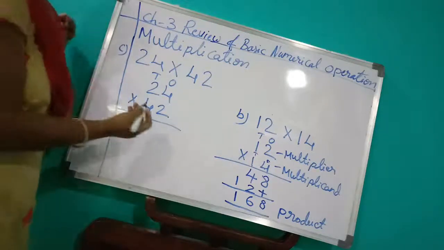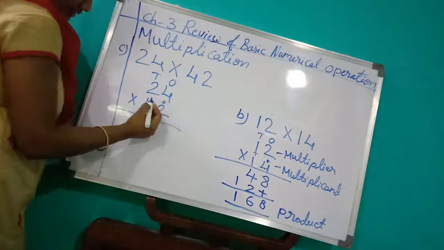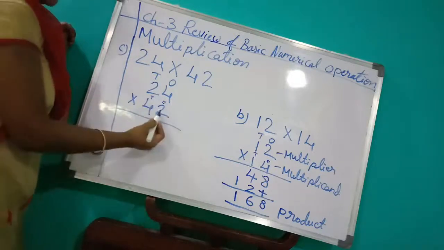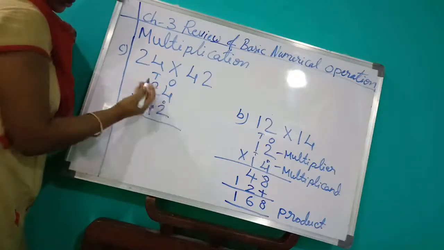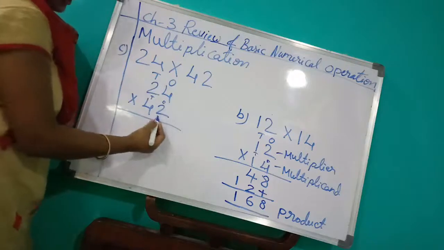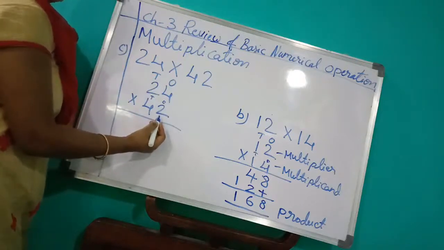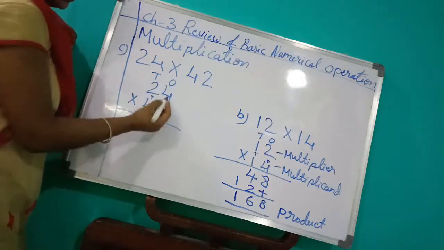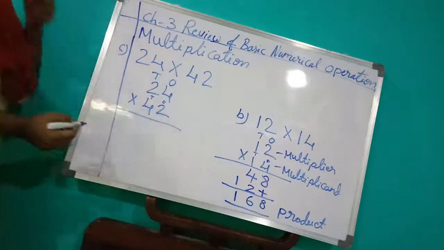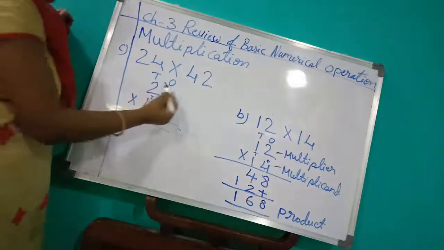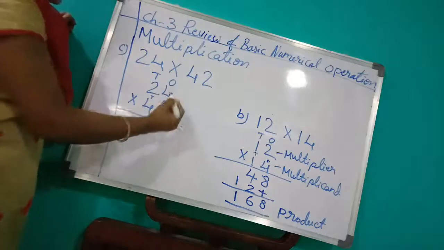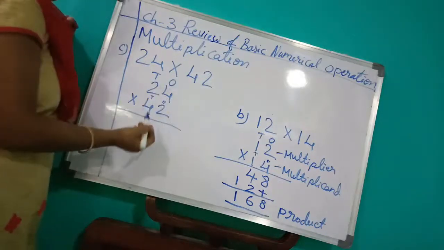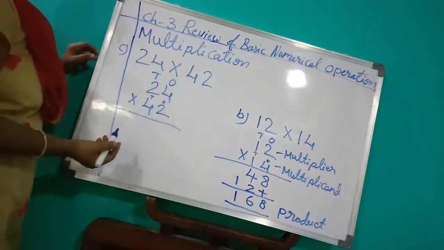See, here 2 is the ones place, this is the tens place. Which number is in the ones place? 2. With that 2, you should multiply these two numbers. First multiply 4: 2 4s are 8.